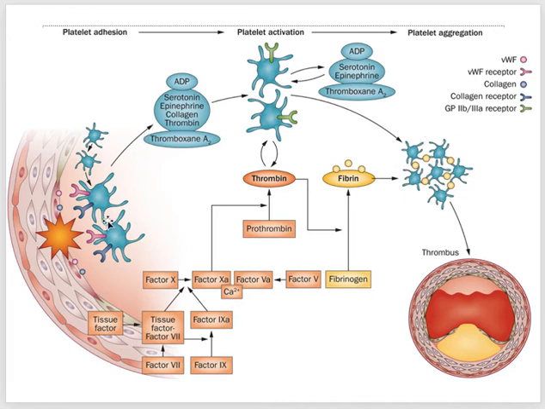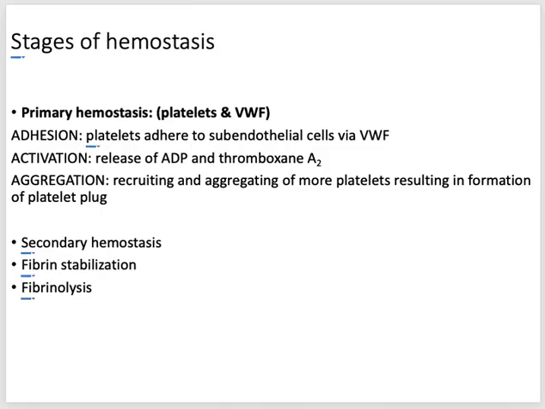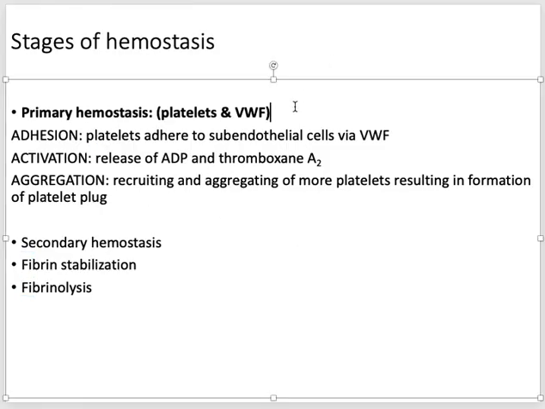This is called adhesion, this is called activation, and this is called aggregation. So what is the result of primary hemostasis? The result is simply that the platelet plug is formed.